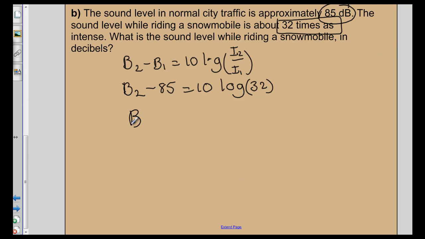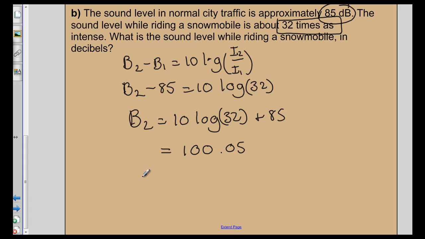I just start equation solving. Move the 85 to the other side, and I have 10 times the log of 32 plus 85. So if I type that in the calculator, I end up with a decibel level of just about 101. So 100 decimal 0.05.